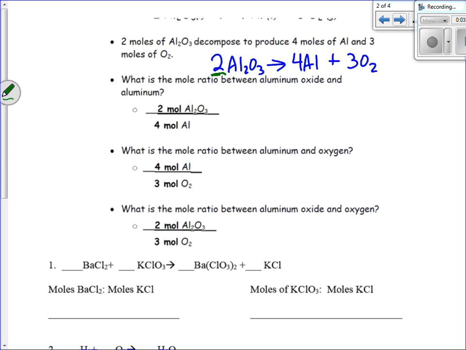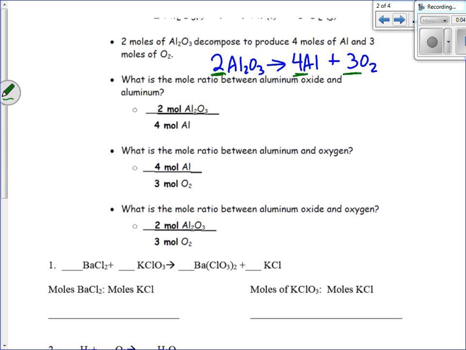We have the 2 here, the 4 here, and the 3 here. So every time this reaction is run, you need 2 moles of aluminum oxide in order to get it going. You're going to produce 4 atoms or 4 moles of aluminum, and you're always going to get 3 moles or 3 molecules of oxygen here.